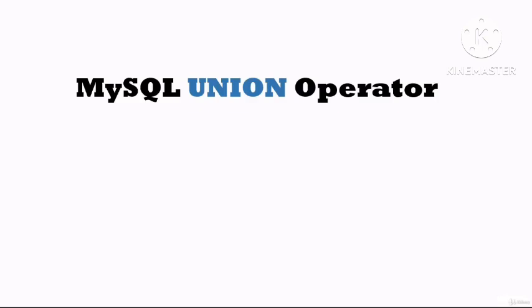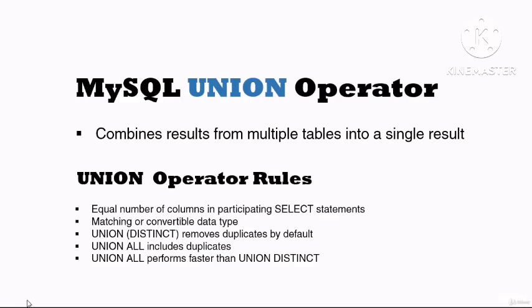There are a few rules that you must follow when using the union operator. The participating tables from the select statements must have an equal number of columns. So if select statement A has 3 columns, select statement B must also have 3 columns.